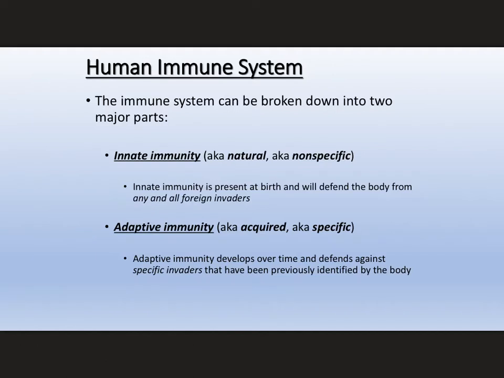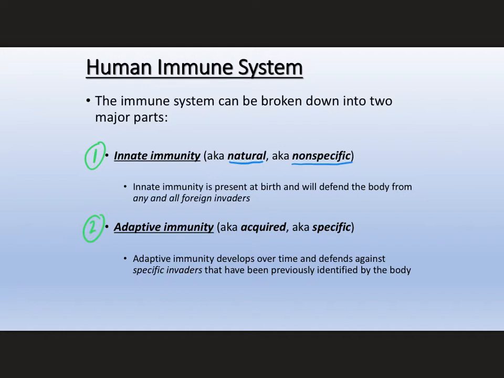So, the immune system is broken into two big parts. You've got your innate immune system, or innate immunity, and you've got your adaptive immune system, or adaptive immunity. Now, innate immunity actually has a number of names, depending on the book you look at. Sometimes it's called natural immunity, sometimes non-specific.